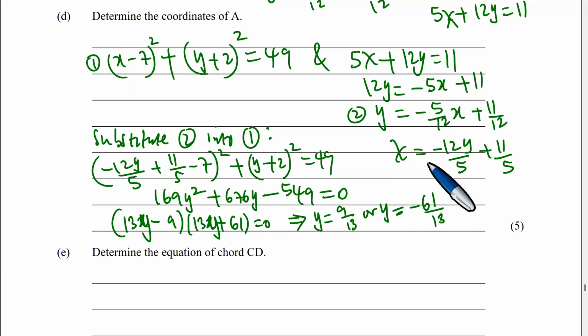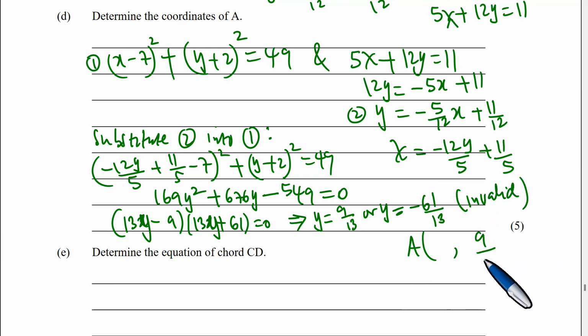So the coordinates of A would be a point where y is 9 over 13, so this one is invalid because it's a negative y. So we shall take y equals 9 out of 13.